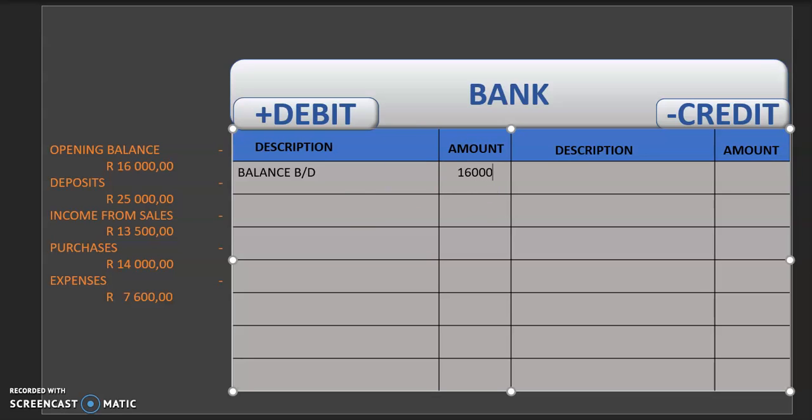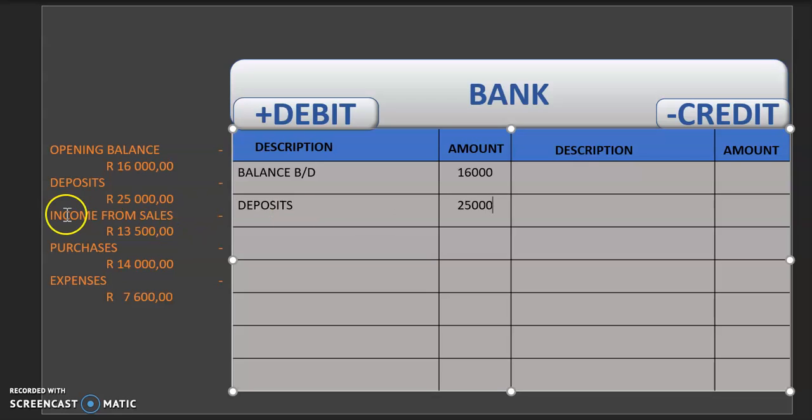We all agree, right? Number two, we have deposits to the value of 25,000. So we all know, guys, if you own a bank account, any amount that is deposited to your account will always reflect as a positive. So deposits are good for our business, so they go on our debit side.